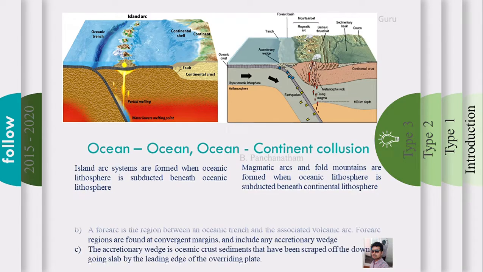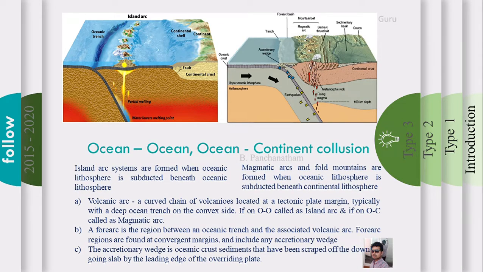While comparing these two, you can say island arc systems are formed when oceanic lithosphere is subducted beneath oceanic lithosphere. So when the collision is between oceans, the feature formed is called an island arc. In ocean-continent collision, it is called a magmatic arc, and there is also the formation of fold mountains. This is the difference between ocean-ocean collision and ocean-continent collision.